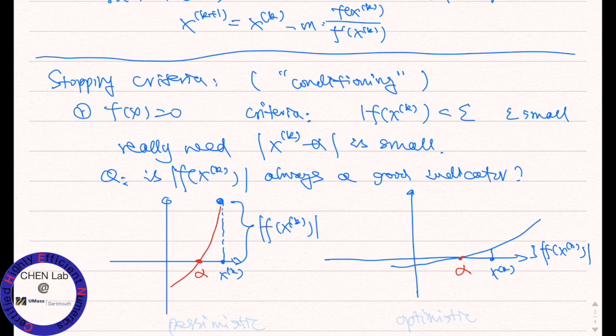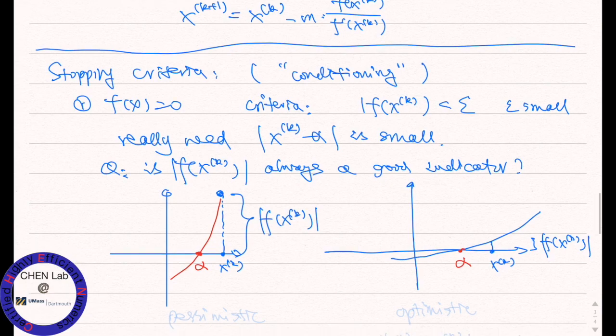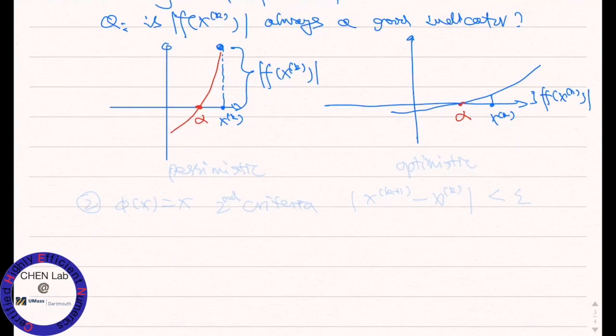So for a very different function with 1D version, basically it's a case that the derivative is large versus small, right? And if I don't know the function, I only look at the f of my xk. In this case, my f of xk is tiny. I take a look at this, I say, oh, that's tiny.